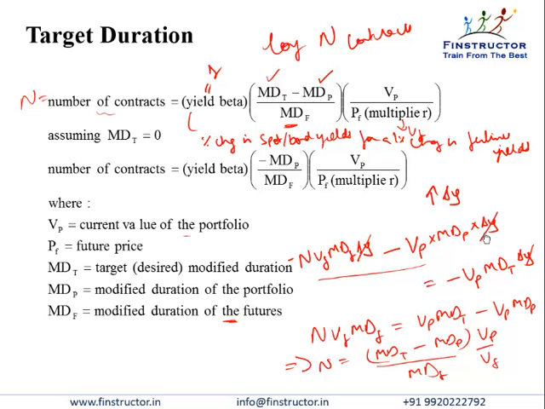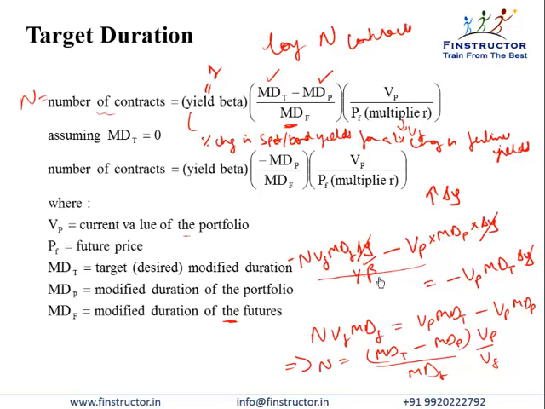So if the yield on the spot or on the portfolio has changed by delta y, then that will be when the yield on the futures has changed by delta y upon beta. Because if this changes by delta y divided by the yield beta, then the spot will change by delta y upon yield beta into the yield beta, that is delta y.